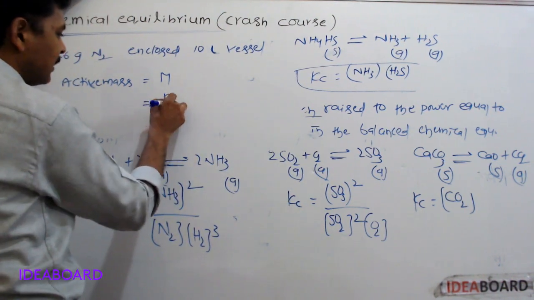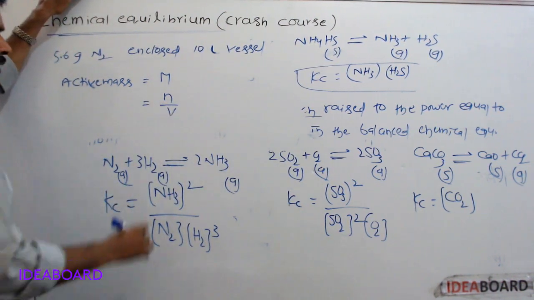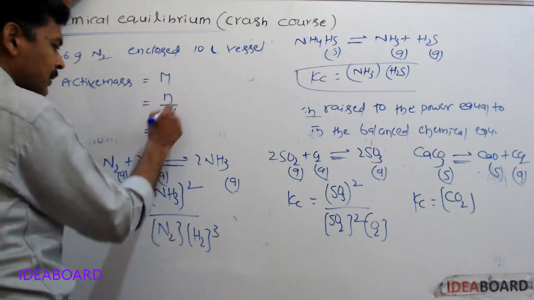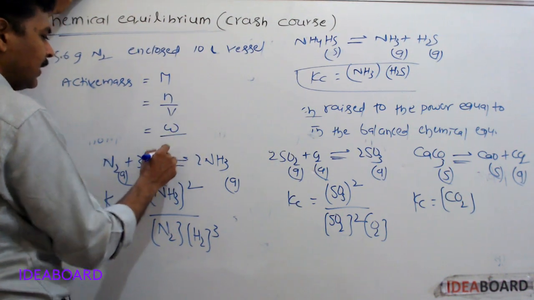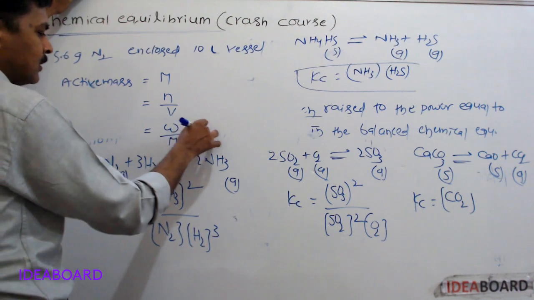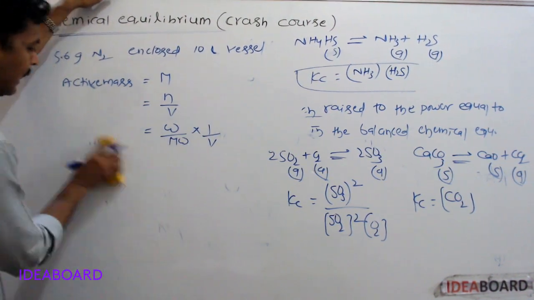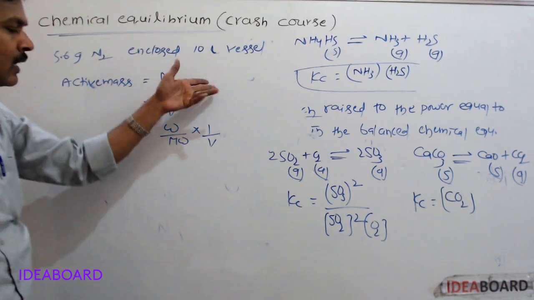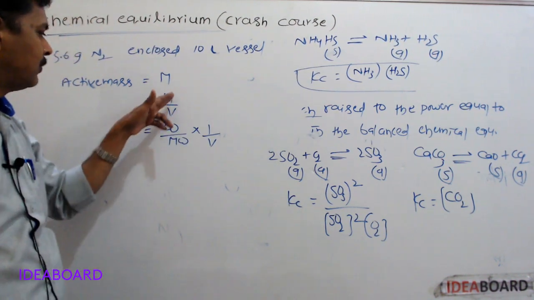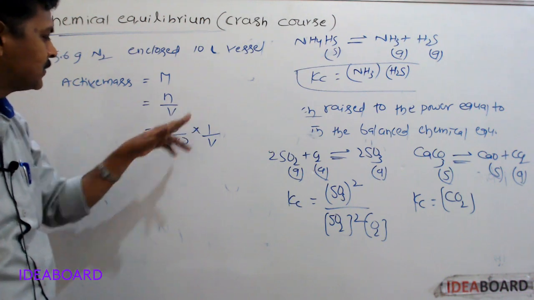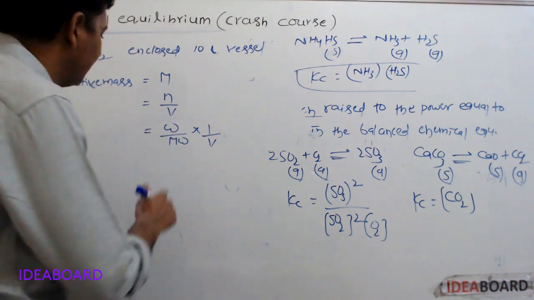Molar concentration means number of moles by volume in liters. Number of moles is weight by molecular weight, into 1 by volume in liters.